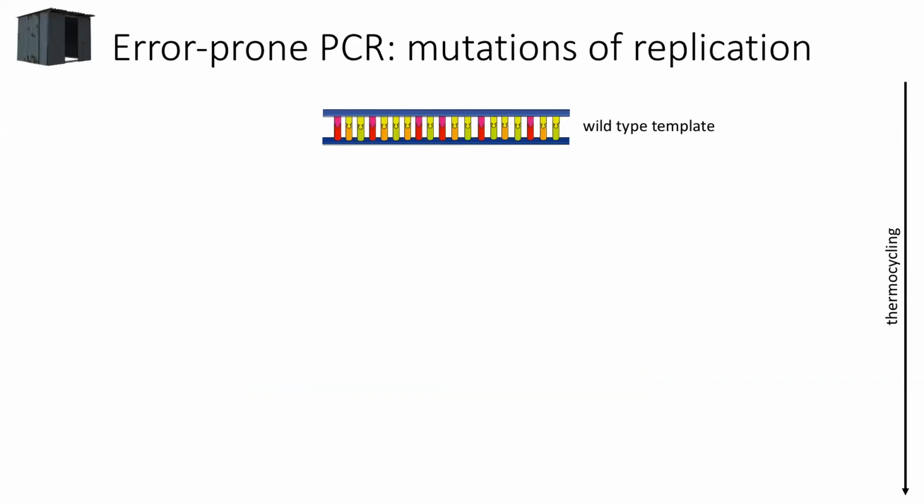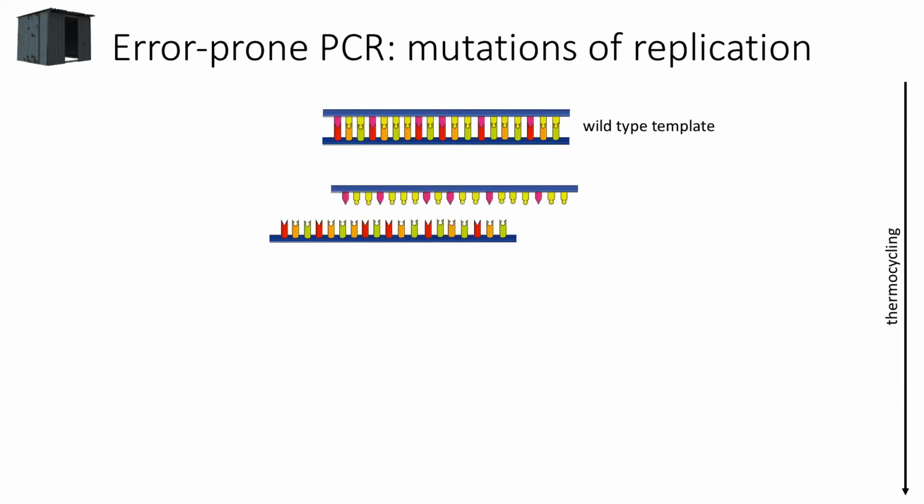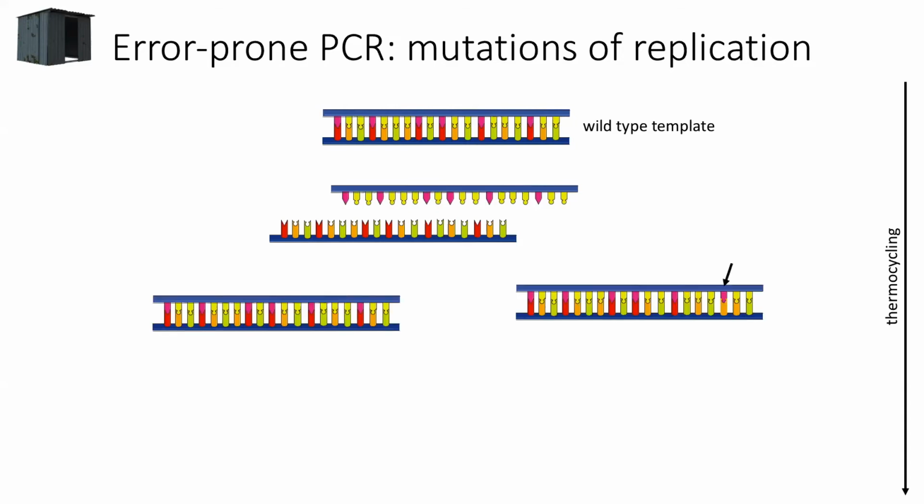All right, so in error-prone PCR, your mutations arise during replication errors that are introduced by an error-prone polymerase. For example, we use Mutazyme 2, which I believe is an Agilent product, but there are a number of different ones. And so you do PCR by melting your template strand, and then as you amplify it, you get stochastic errors in the products.